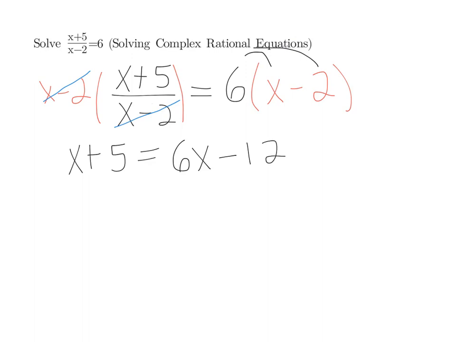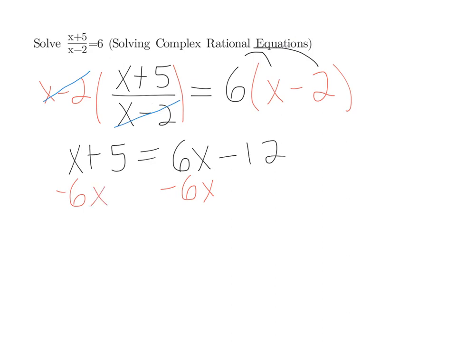Okay, at this point you have a term with an x on either side of the equal sign. So I'm going to put them both on the same side. It doesn't matter, you can either move the x to the right side or the 6x to the left side. I'm going to go ahead and move the 6x to the left. So I'm going to subtract 6x from both sides.